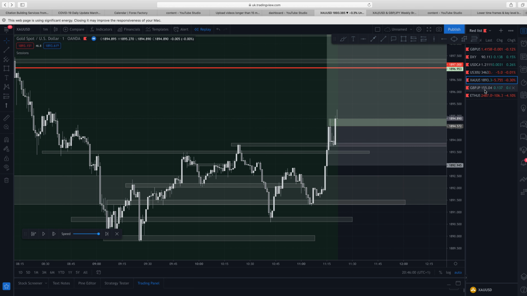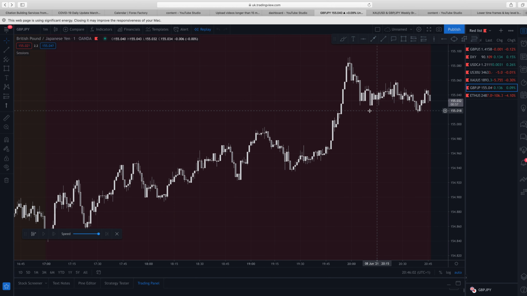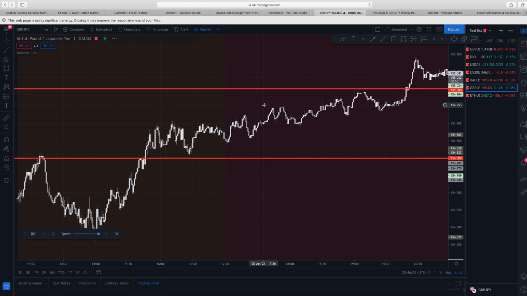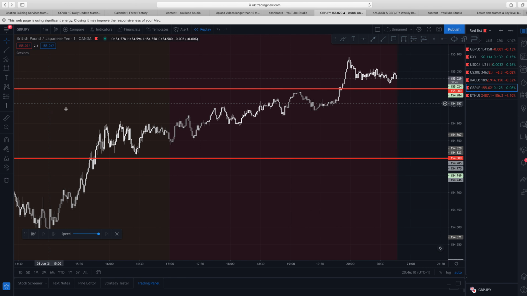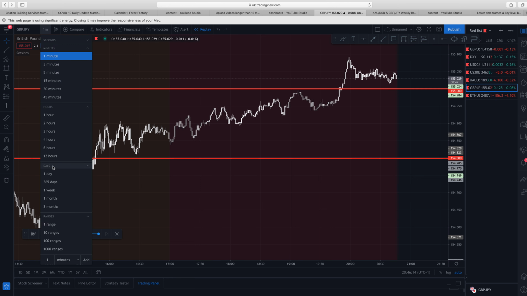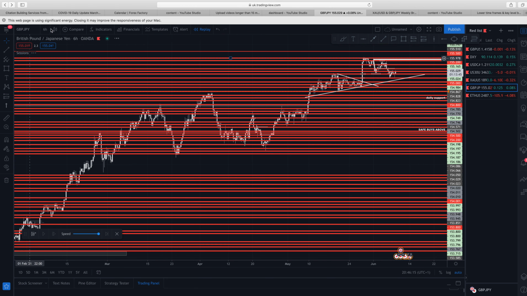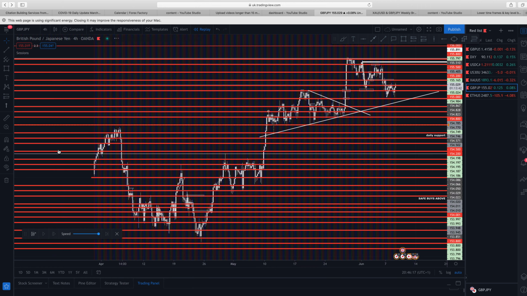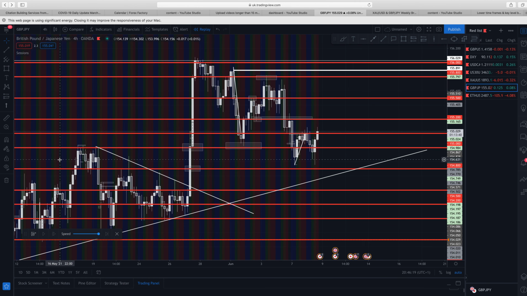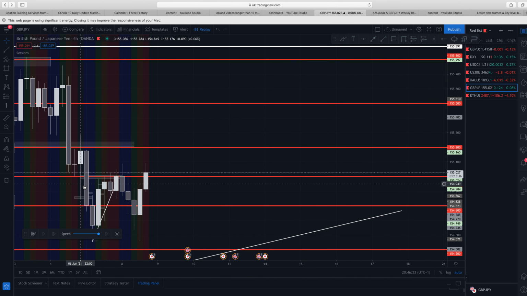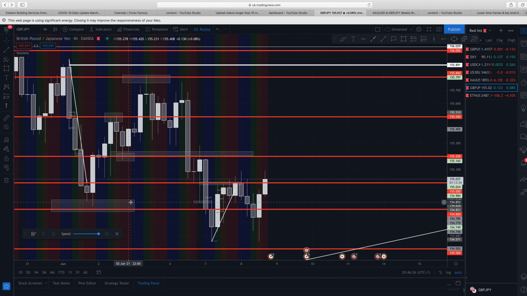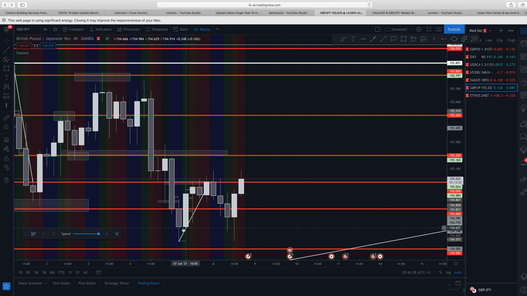Right, I'm gonna look at GJ quickly, see if there are any potential moves there. Double bottom city. Nah. Dog shit for me, that, to be honest.